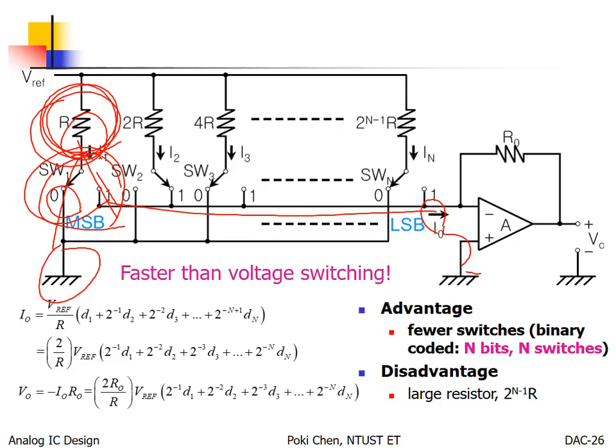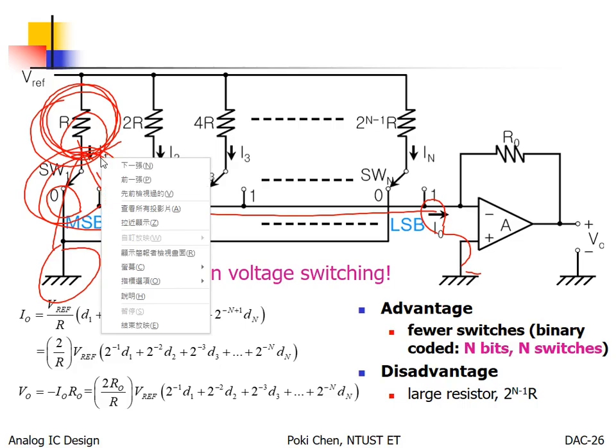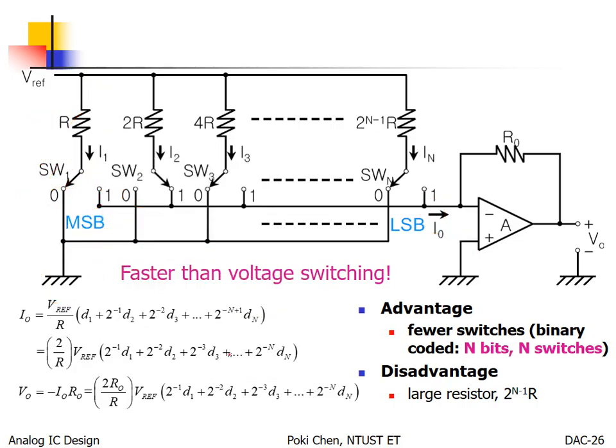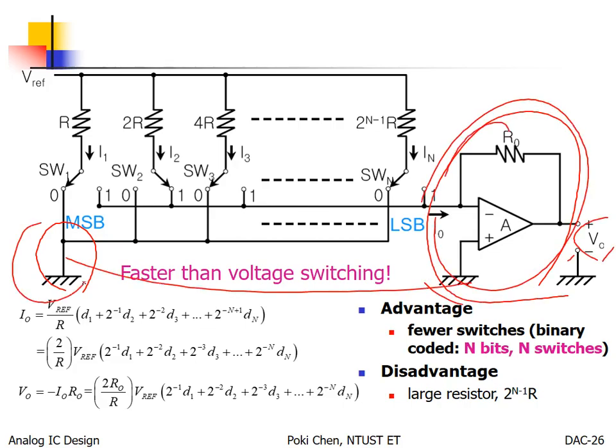But again, we are intelligent humankind. We wouldn't like to waste the power here. Okay, so this is your positive output. We have the same structure to the left to be your negative output. That's it. You can provide the so-called differential output instead of a single-ended output. Got it?